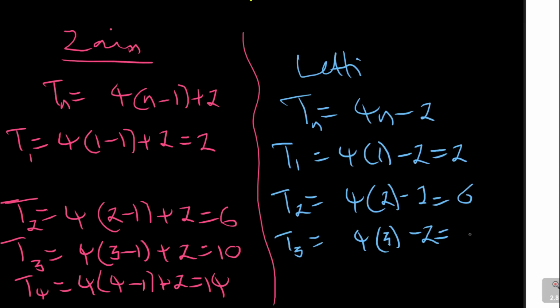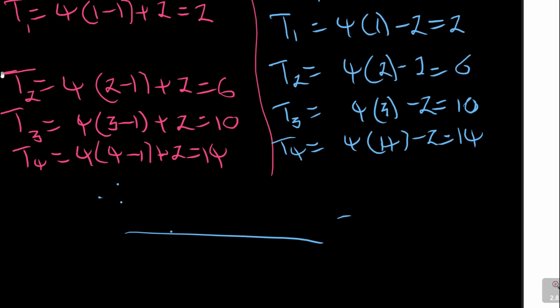Now what is 12 minus 2? It's 10. T4 is equal to 4 into 4 minus 2. What is 4 times 4? 16 minus 2, it's 14. So you can therefore say they've got the same thing.